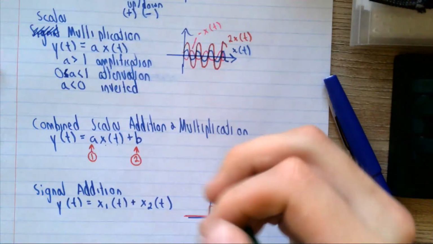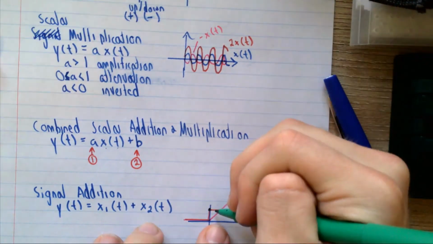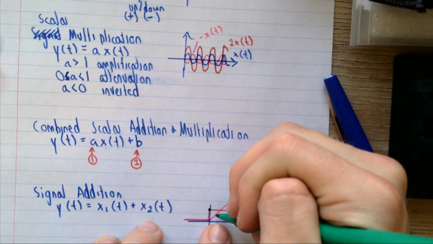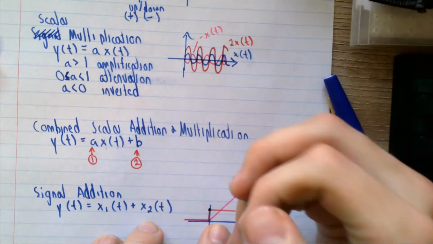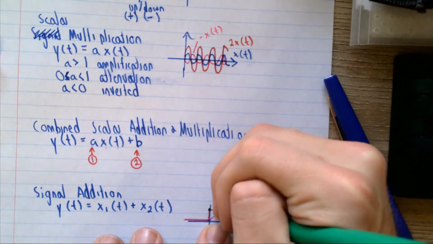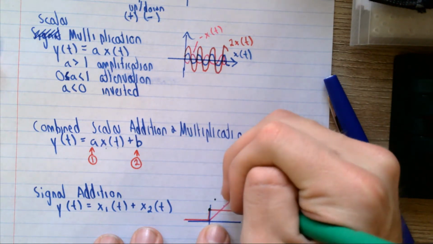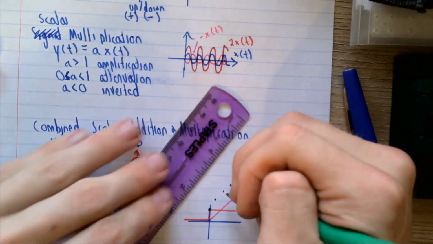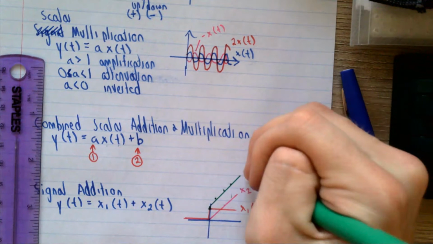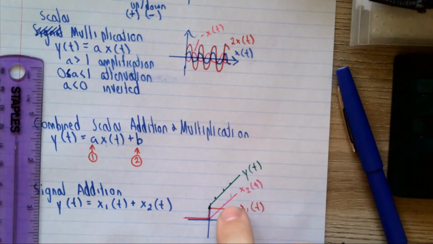And then the red remains at 1, so 1 plus whatever the pink signal is, because red plus pink equals the green, the output. So it just looks like shifted up 1, and then here shifted up 1, and then here shifted up 1. So the addition of the two signals, if you look at it point to point, is the two added together. You just add the red and the pink curves together.